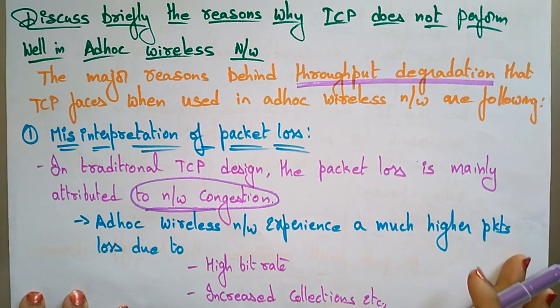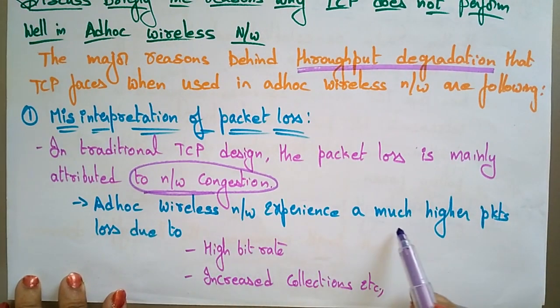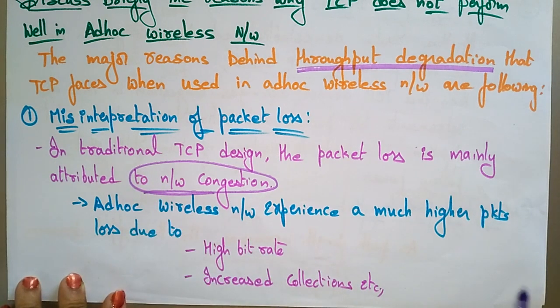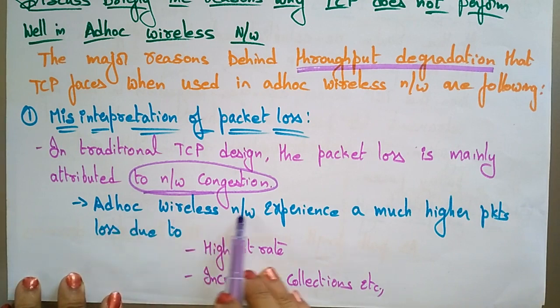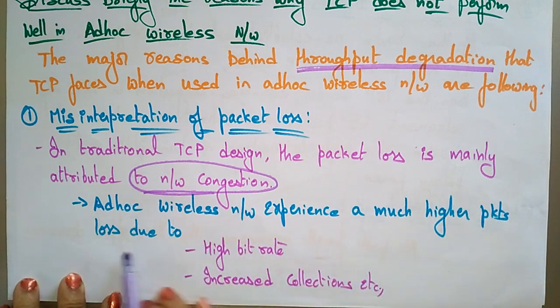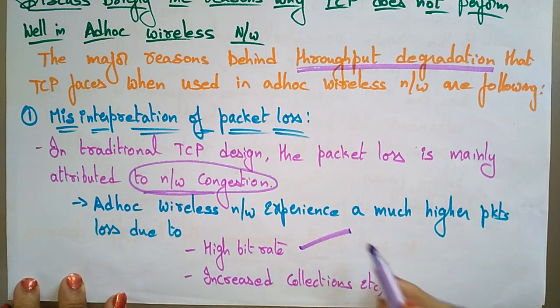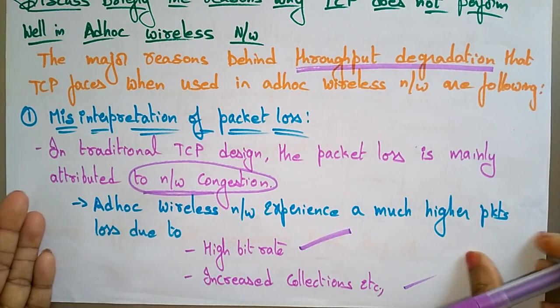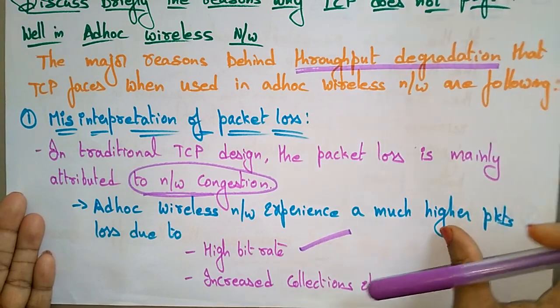Whereas the ad hoc wireless network experiences a much higher packet loss. We already know that in wireless networks there is more packet loss compared to the traditional TCP design, due to high bit error rate, increased collisions, etc.